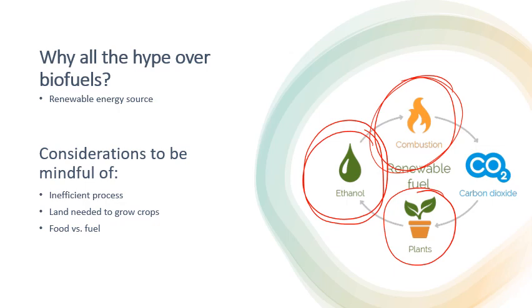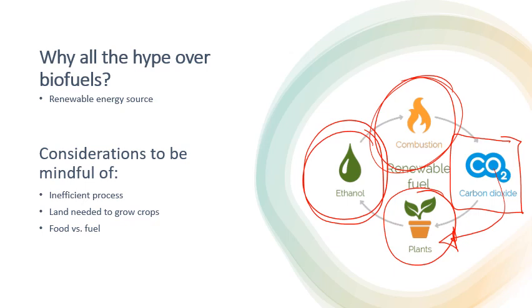In that process of combustion, carbon dioxide is released into the atmosphere, and as we know, plants are really good at absorbing carbon dioxide from the atmosphere and using it to create those glucose sugar molecules again. So that carbon dioxide will be reabsorbed by the plants, and the cycle begins again. When they refer to it as a renewable energy source, it's because this cycle will continue for as long as we need it to.